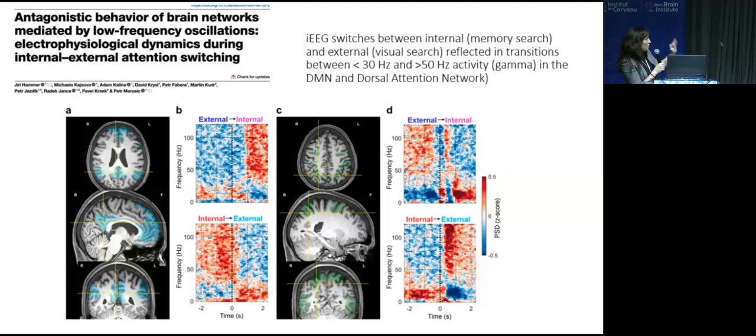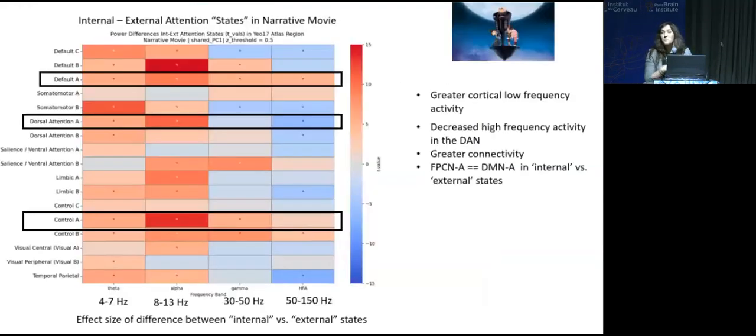In the default mode network, you expect this internal to external shift to look like... I'm just going to show you the results. So in Despicable Me, we see some evidence of what we would expect. We see maybe greater default mode activity.